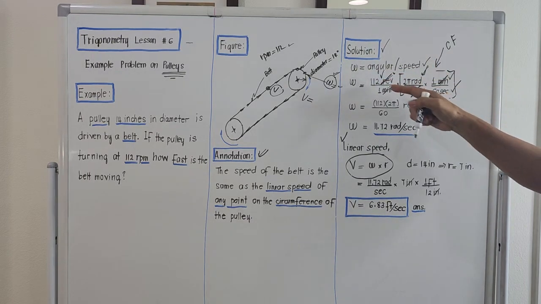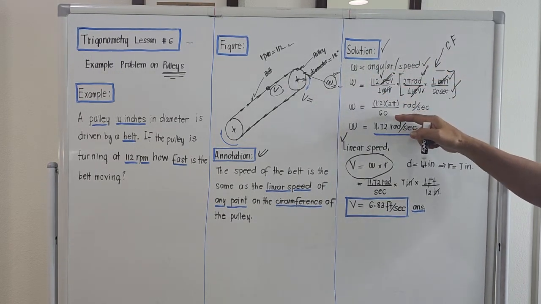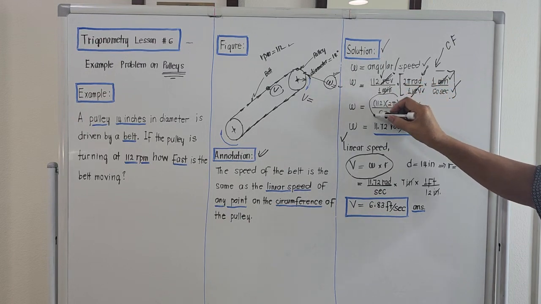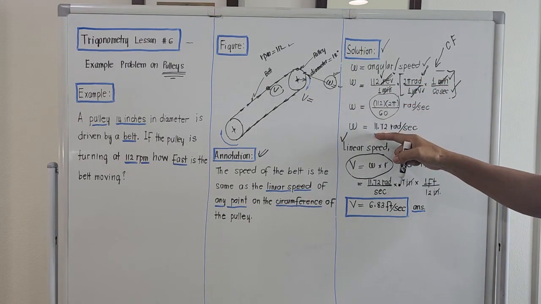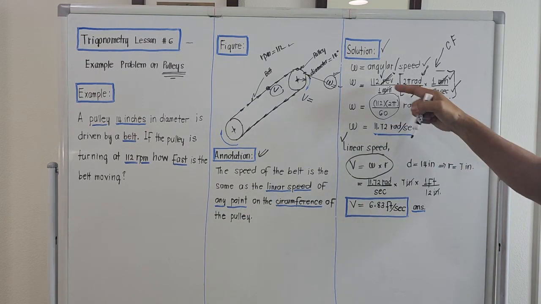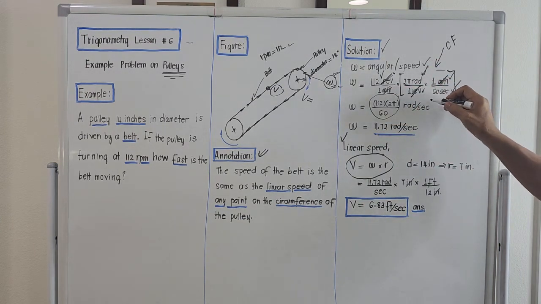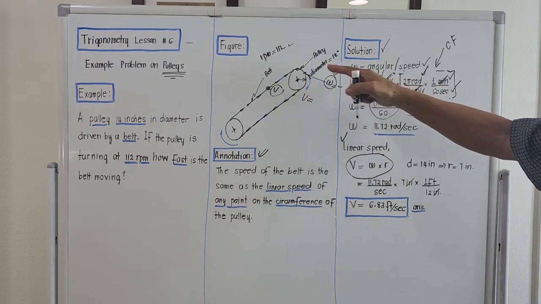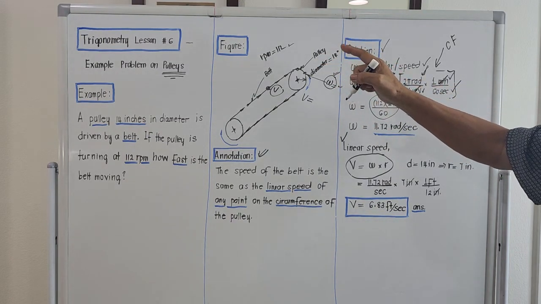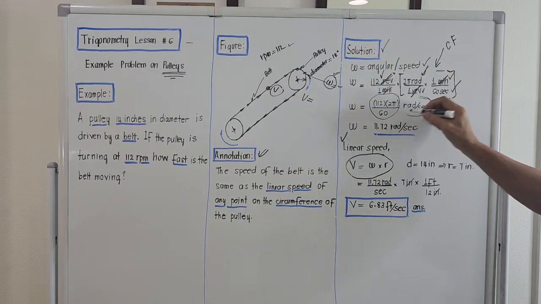Computing the actual value, it should be 112 times 2 pi over 60. Using your calculator, this should be 11.72. And the unit after the cancellation is simply radians per second. So the equivalent of 112 revolutions per minute in terms of radians per second is 11.72 radians per second.